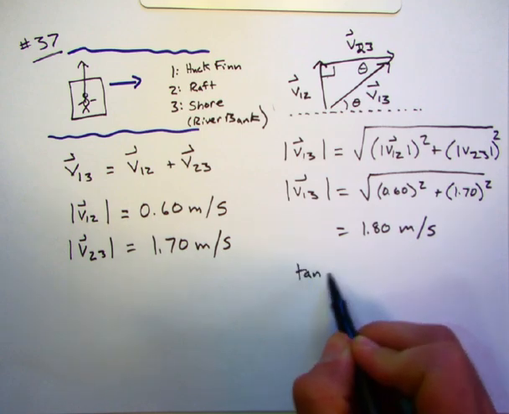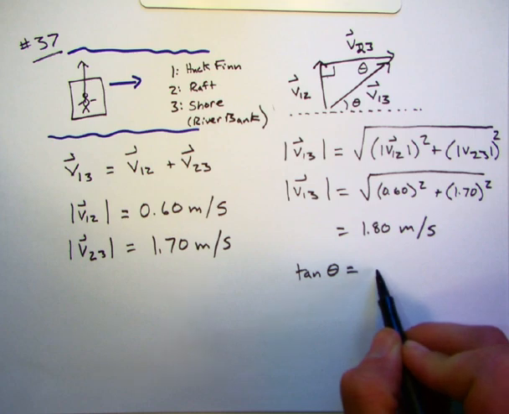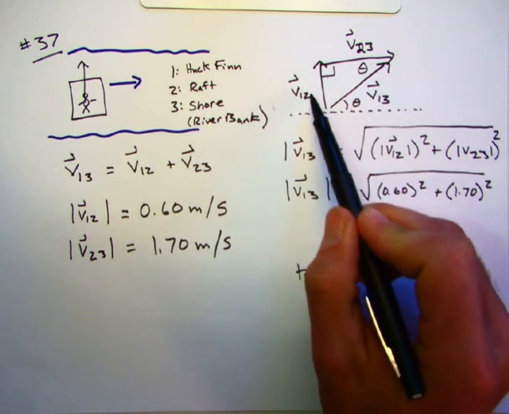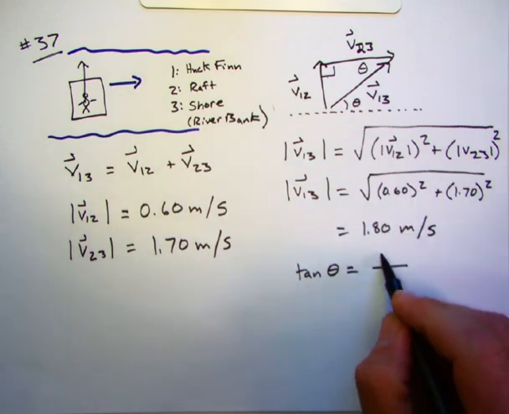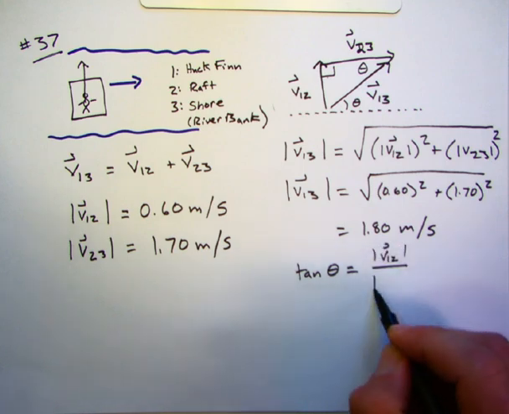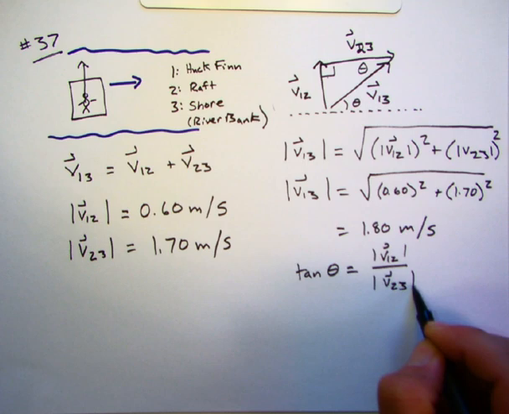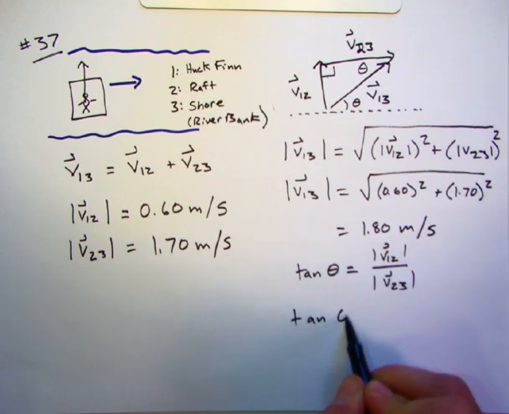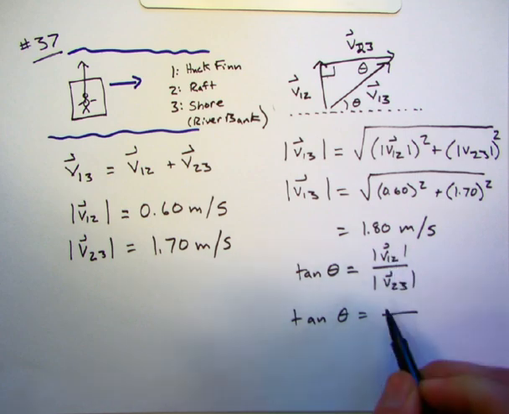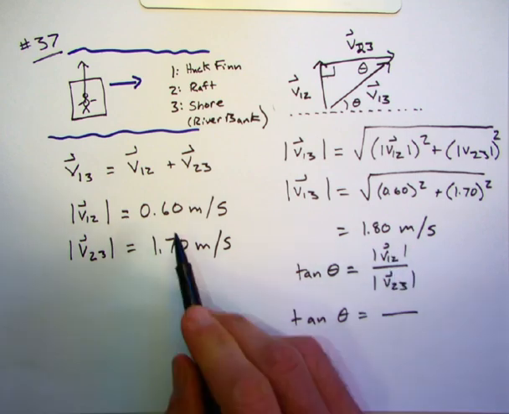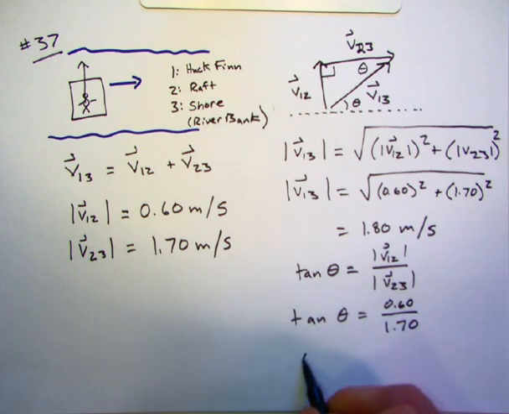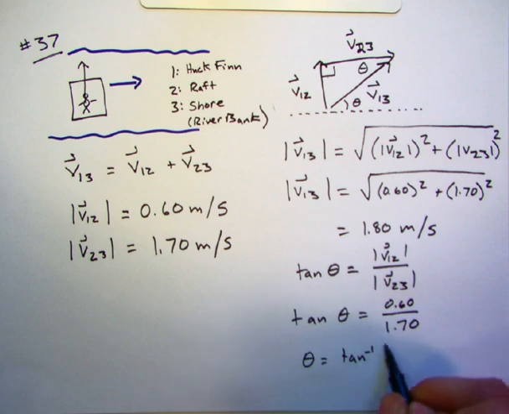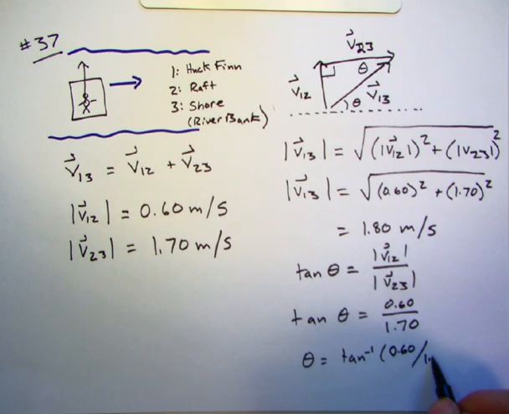Tangent theta is equal to the opposite side over the adjacent, TOA, so that would be the magnitude of v12 over the magnitude of v23. So tan theta equals 0.60 over 1.70, and theta is the inverse tangent of 0.60 divided by 1.70.